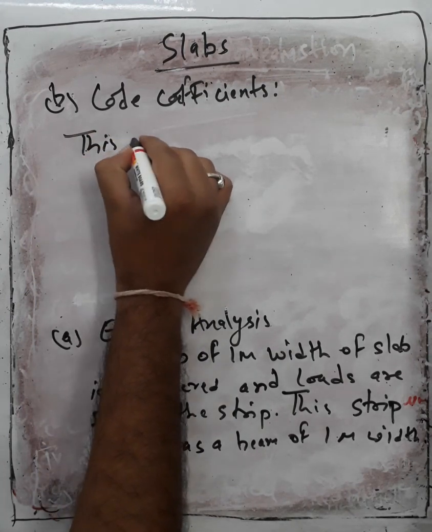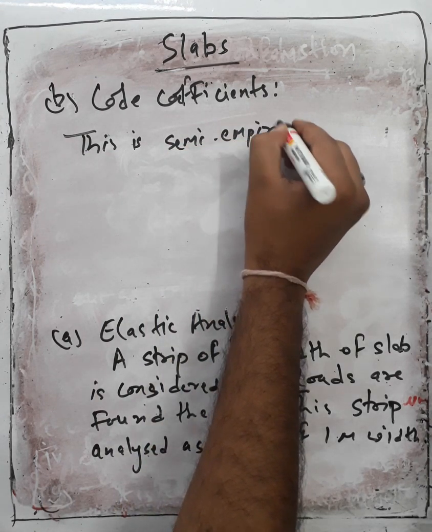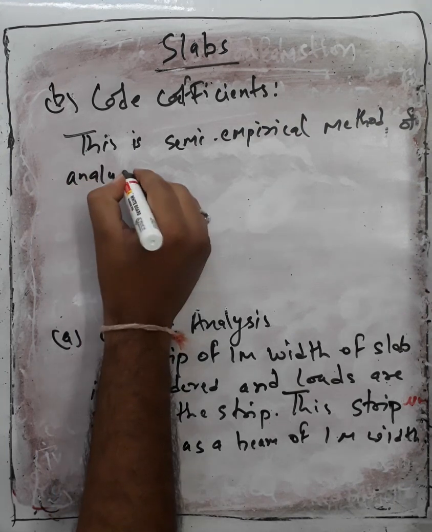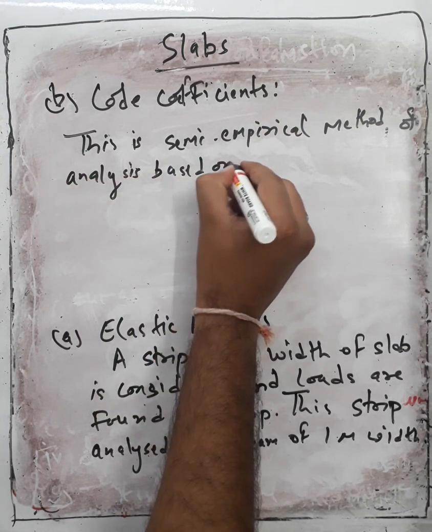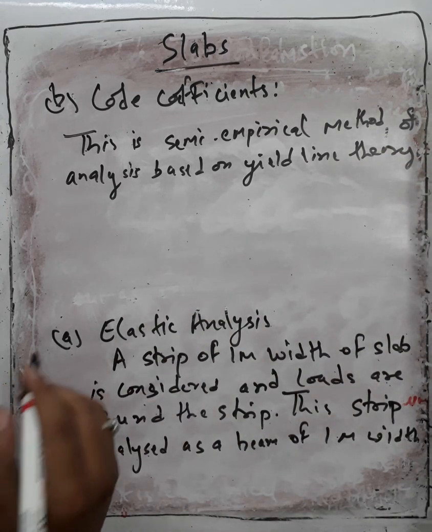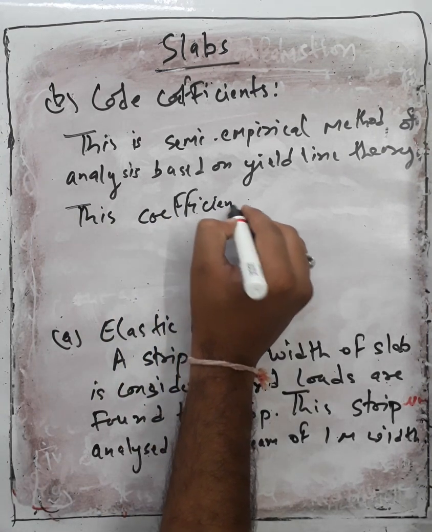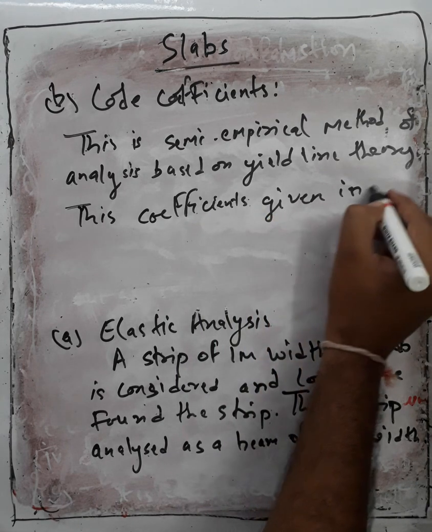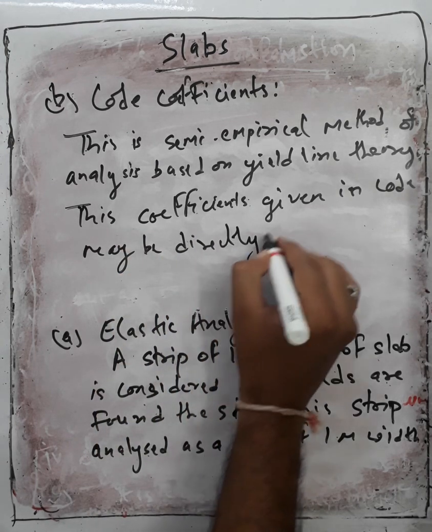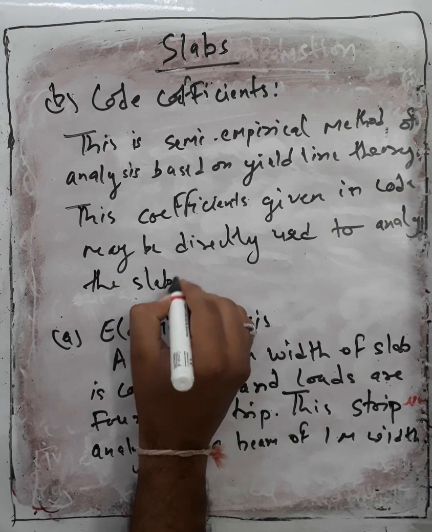This is a semi-empirical method of analysis based on yield line theory, and the coefficients given in the code may be directly used to analyze the slabs.